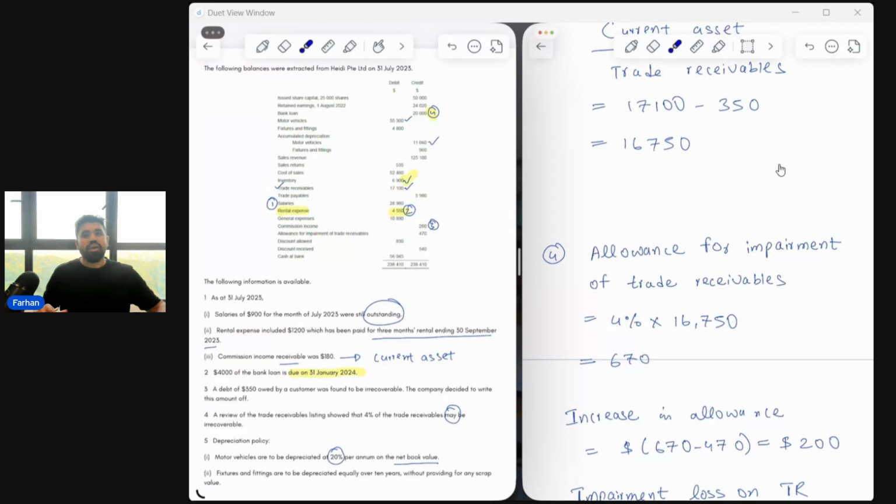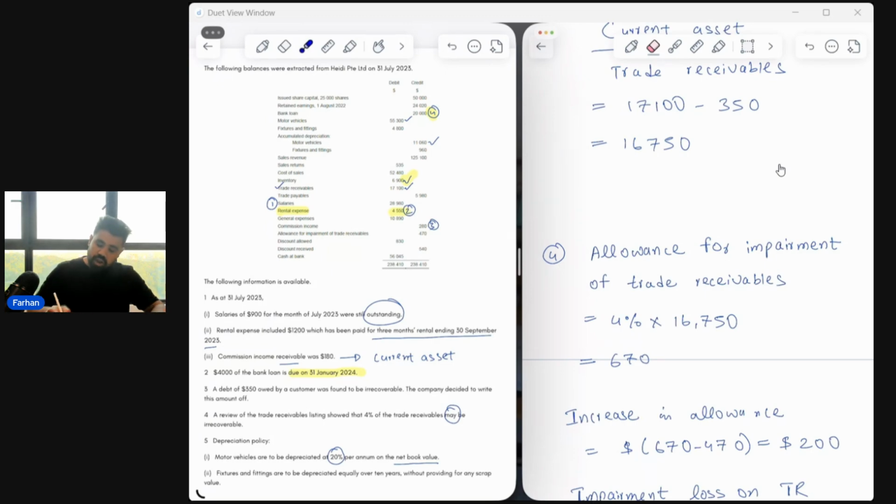But maybe not all these customers can pay. This is something we understand based on our experience in the business, okay? So 4% is the amount that we want to set aside as a contingency measure, mainly using the prudence concept, not to overstate assets and not to understate expenses, okay?